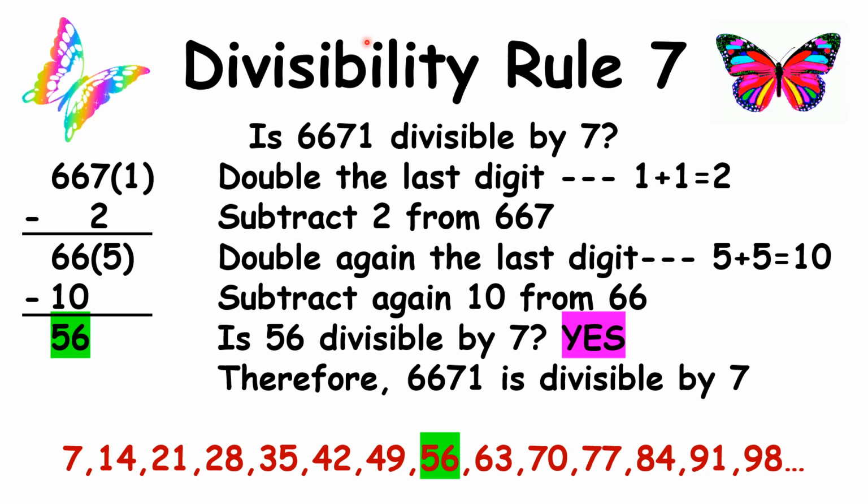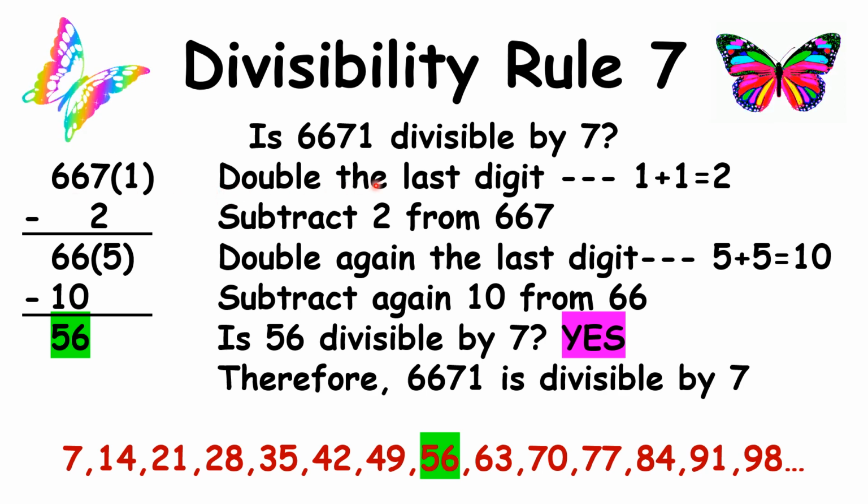Let's find out whether 6,671 is divisible by 7. Practice doing the steps until it becomes easy for you to tell whether a number is divisible by 7 or not. So, write 6,671.